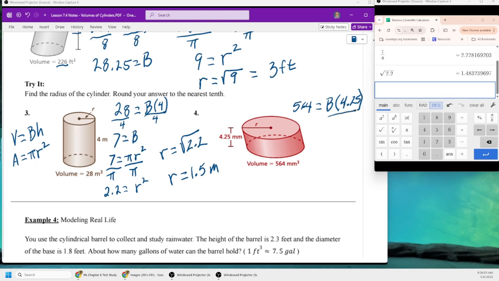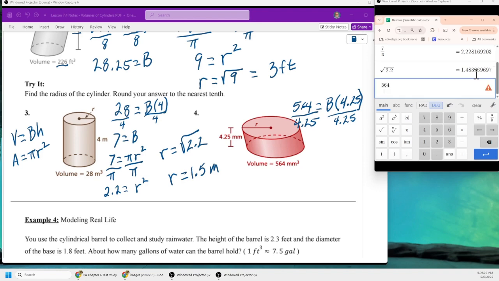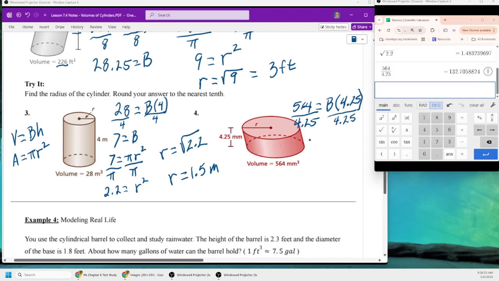So we're going to divide by 4.25. 564 divided by 4.25 gives us 132.7. And so that's the area of my base.